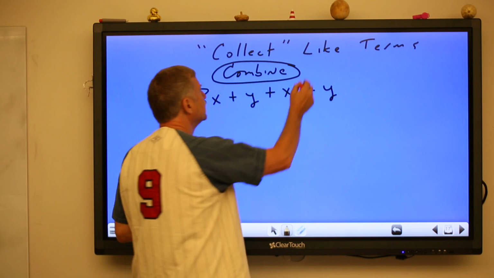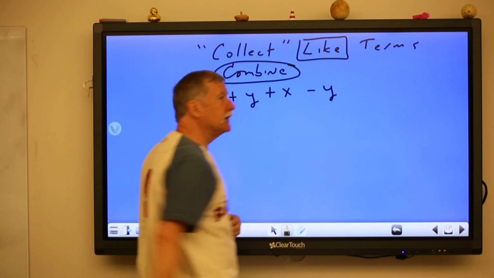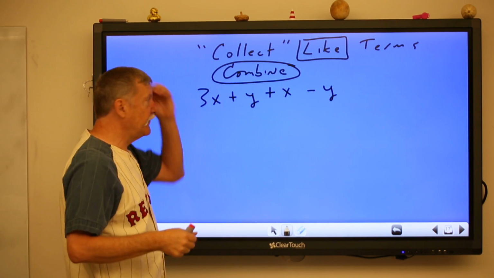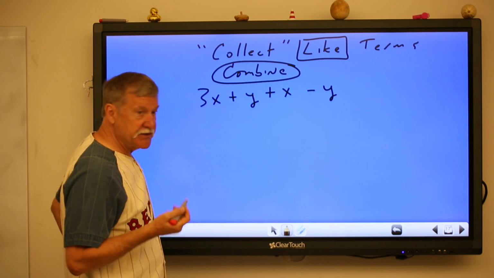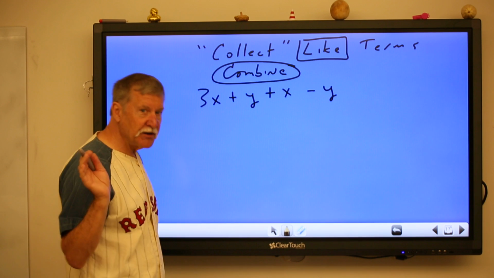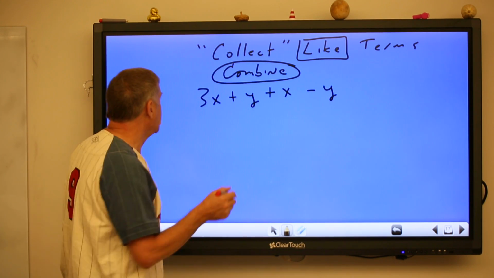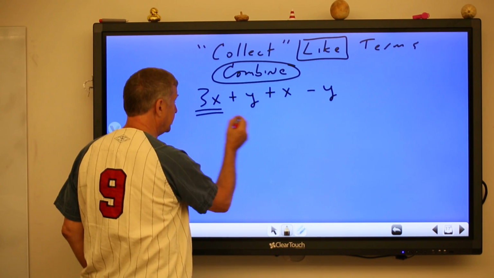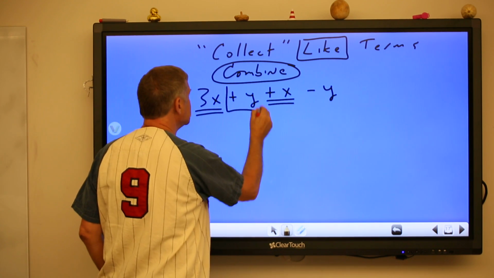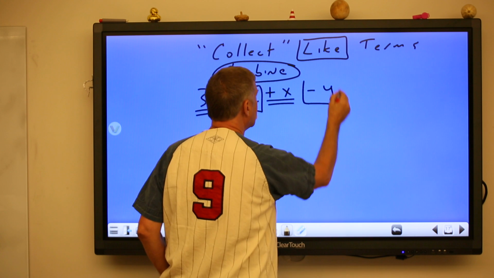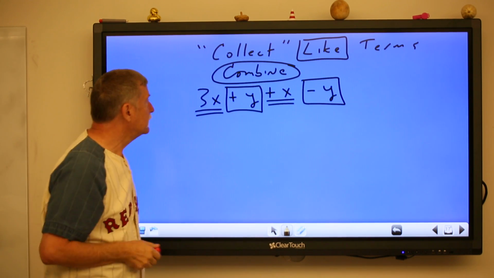So the first thing I have to do is figure out which terms are like each other. I want to identify like terms. In other words, which of these is the same variables to the same power. And I don't care about plus minus signs, I don't care about numbers. And that tells me that 3x here and plus x are like terms. And now I've got plus y and I've got minus y, are both the same variable, all right?